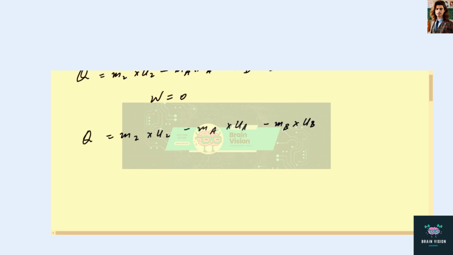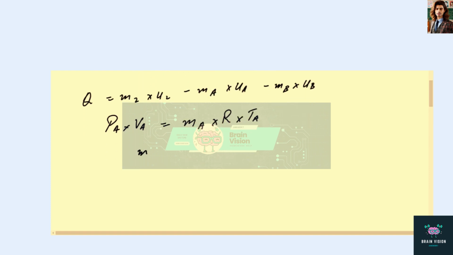From the ideal gas equation we can calculate the oxygen mass in room A, that is PA into VA is equal to MA into R into TA, and MA is equal to PA into VA divided by R into TA.